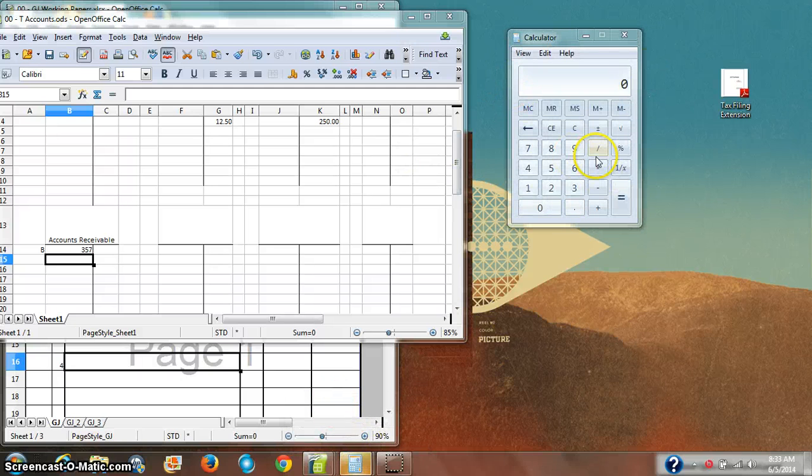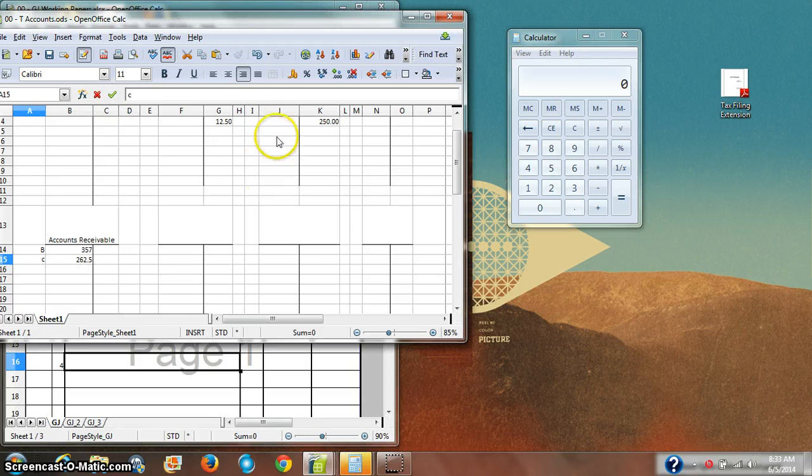There it is. So we've got 250 plus 12.50. Those two amounts is 262.50. This down here, 262.50.